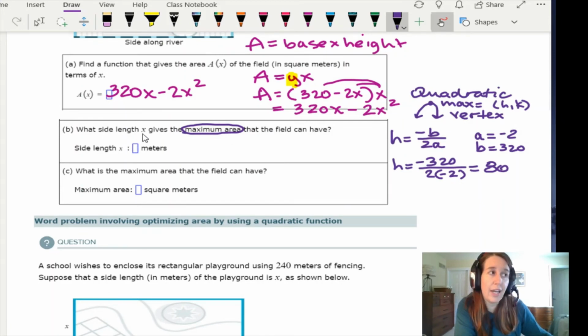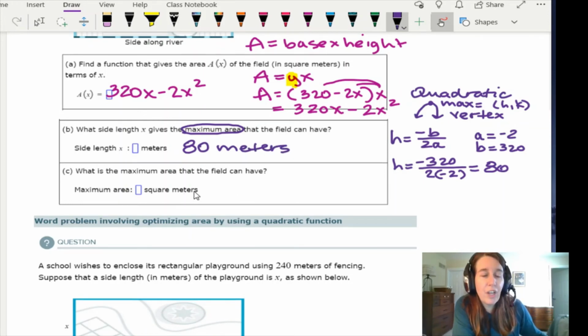So it says what side length x gives the maximum area the field can have, and so that x is 80 meters. And then you can see in part C, this is typically the other thing they will ask, what is the maximum area? Okay, well that is the k value, the area function with the 80 plugged in.